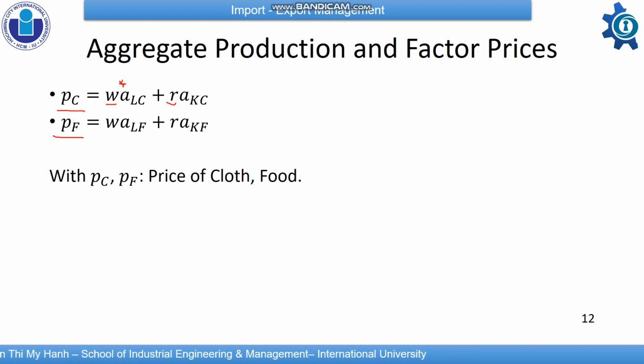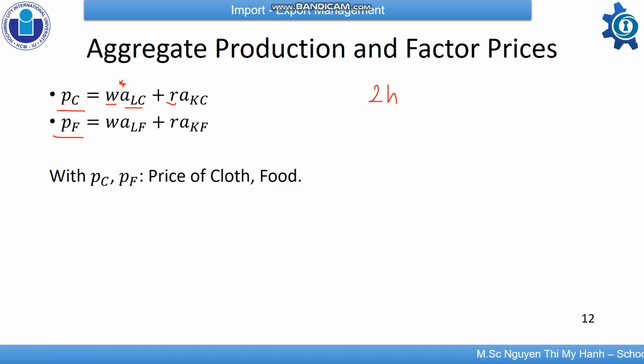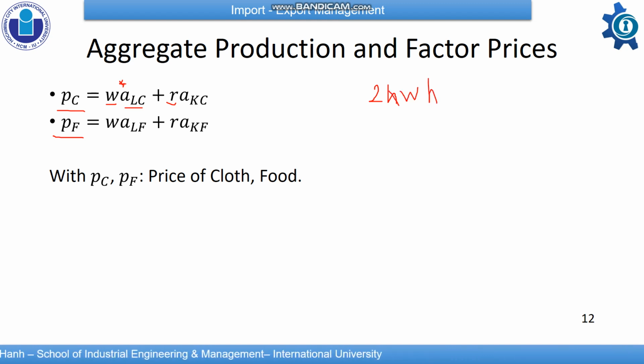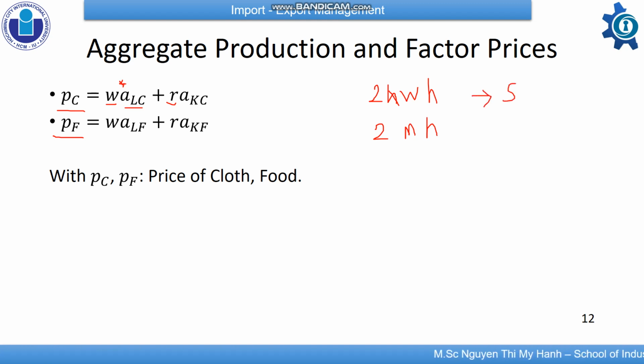For example, I use 2 hours to produce 1 meter of cloth. We need 2 work hours, and we need 2 machine hours, and we have to pay, for example, $5 for the labor, and we have to pay $7 for the machine.